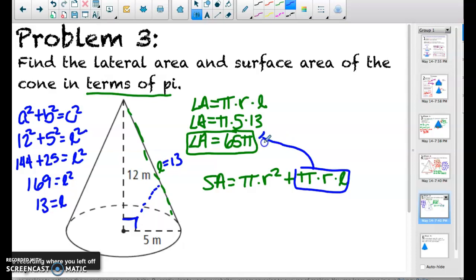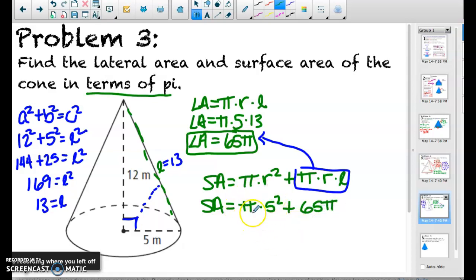That was this formula right here. We already figured out pi times radius times slant height. So I'm going to replace this with the 65 pi. So now I know surface area is pi times radius squared. So radius is 5 squared. Add to that my previous answer for lateral area is 65 pi.